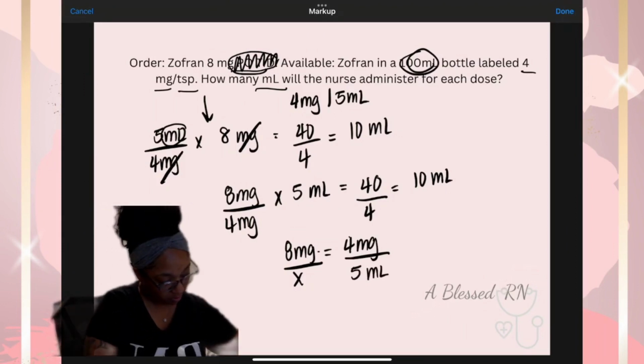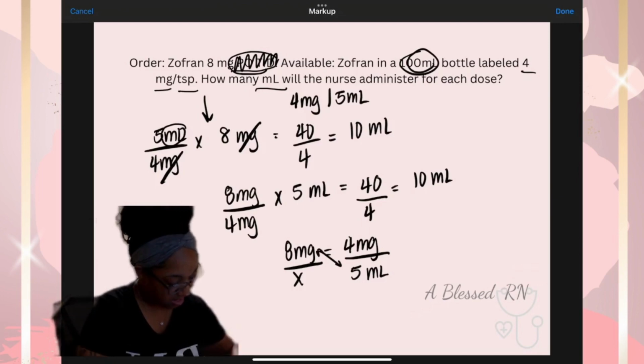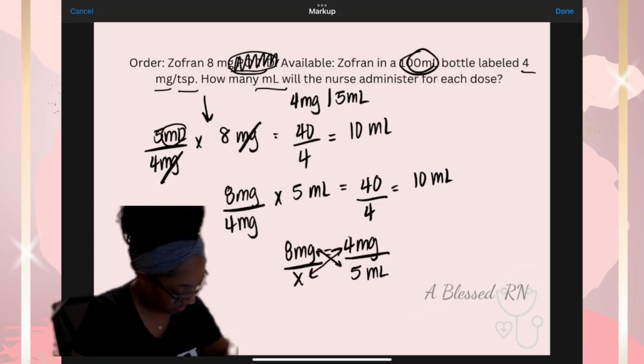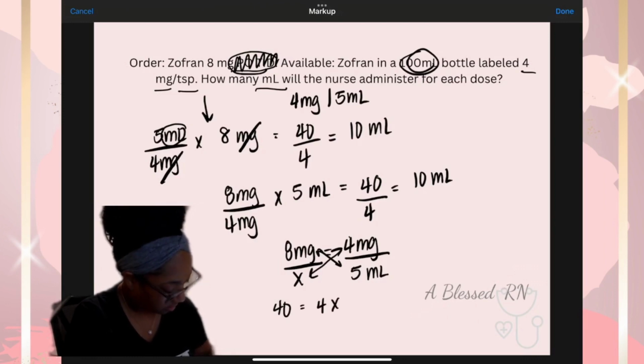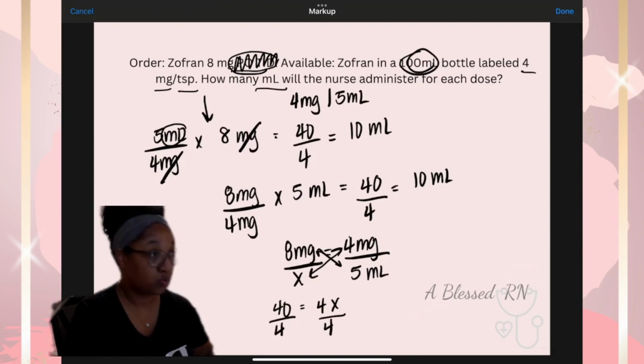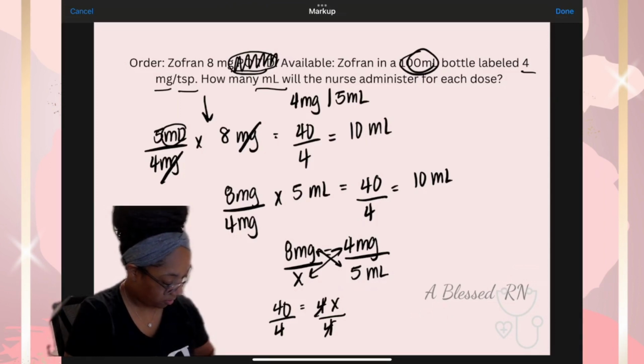This is where you cross multiply. So this times that, and this times that. So 40 equals 4x. We want to get x by itself. So what you do to one side, you do to the other side. Cross that out. X is going to equal 10 mLs.